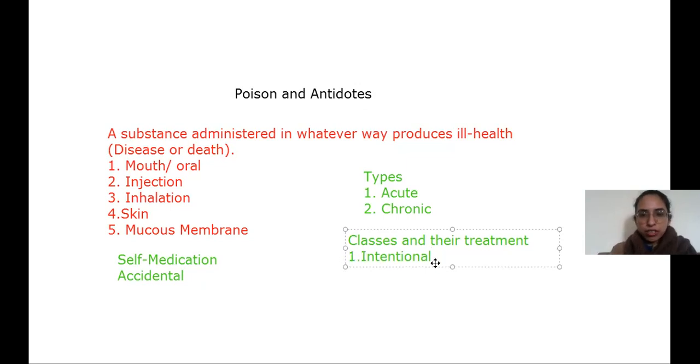One is intentional. Next is unintentional. Third one is undetermined. Now we will discuss each class in detail.